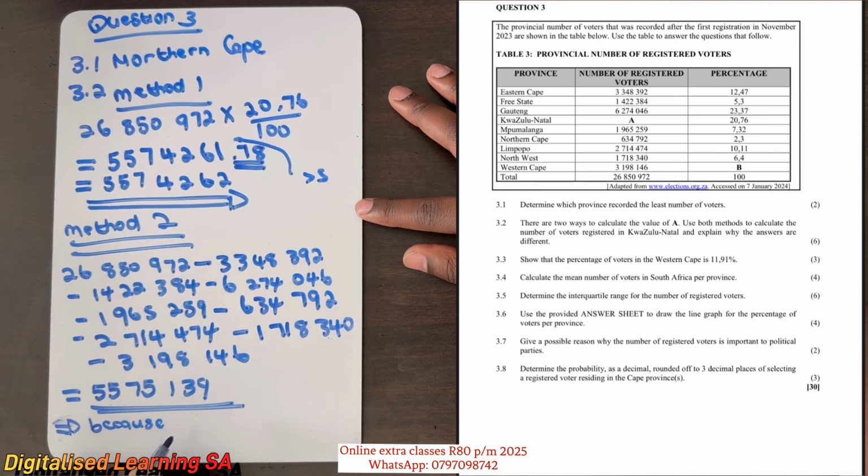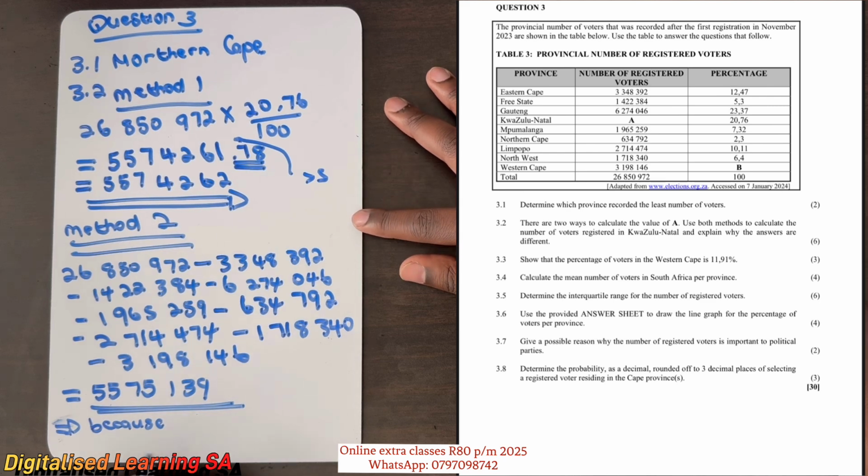Remember, on method 1, if you check on the percentage column, you can see that those percentages have decimals. That's why the answers are not the same. So it's because of decimals on percentages.